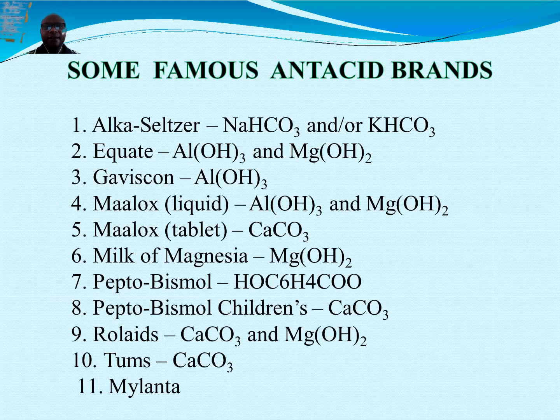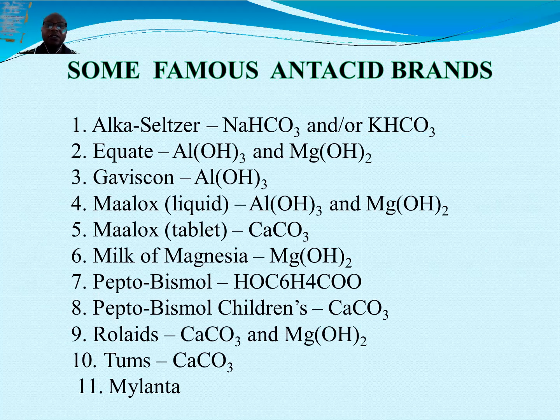So some famous antacid brands in the market include Kaiser Tenza, which contains sodium carbonate and also potassium bicarbonate. And you also have Equator, which contains aluminum hydroxide and also magnesium. Then you have Gavlation, which contains aluminum hydrochloride, and Maalox, which contains aluminum plus magnesium hydroxide.